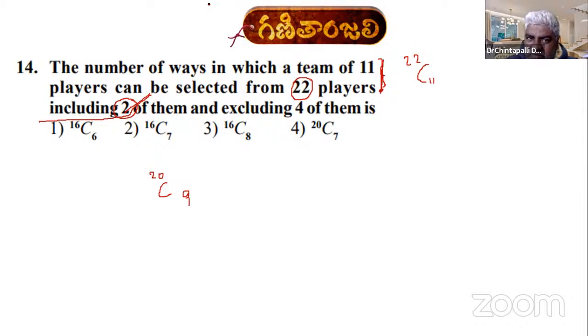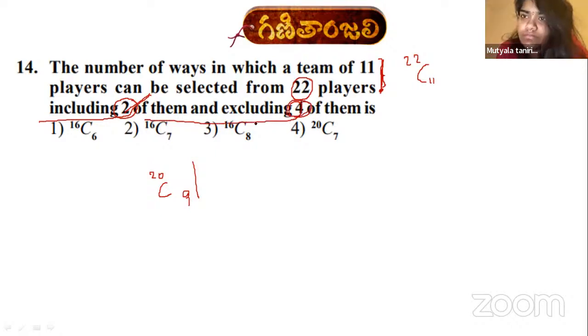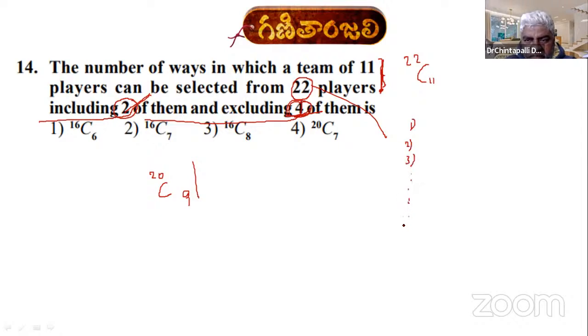But the question doesn't stop here. It extends and ends with excluding 4 of them. Out of 22, 4 players should not be selected. The selectors have the list 1, 2, 3, and so on up to 19, 20, 21, 22.